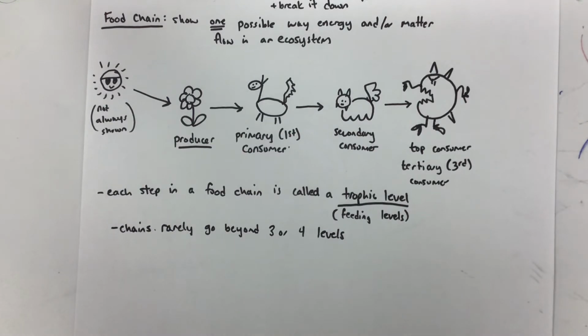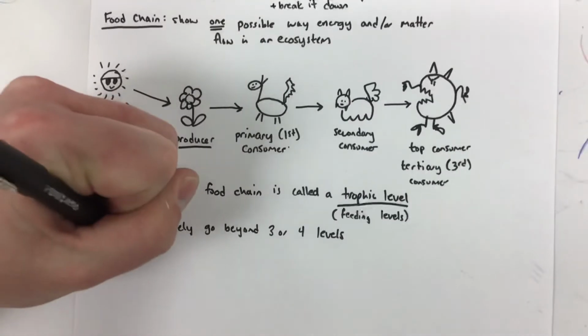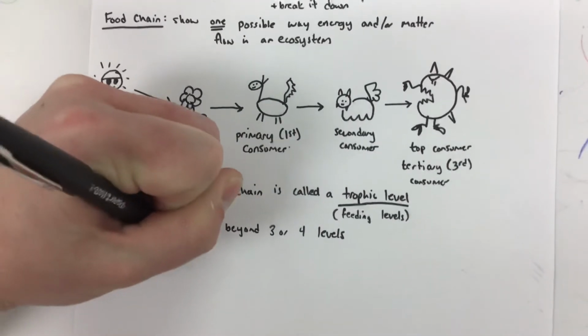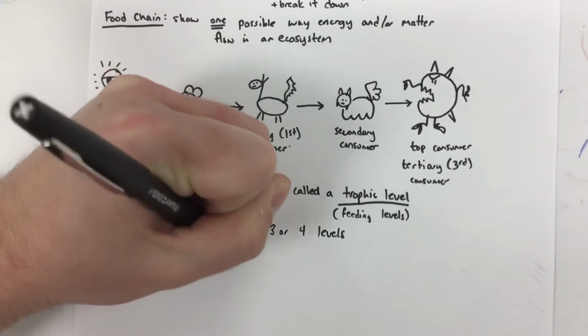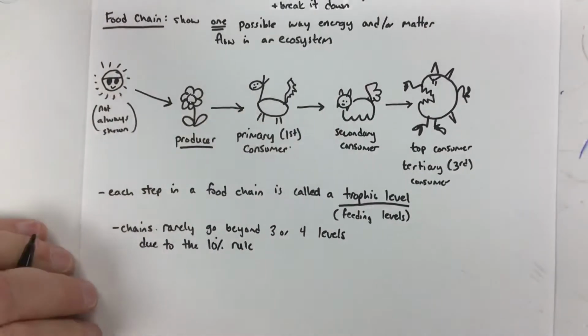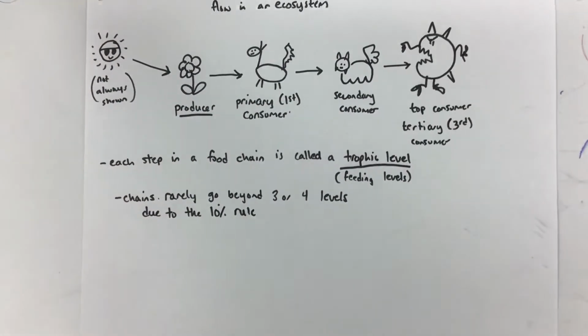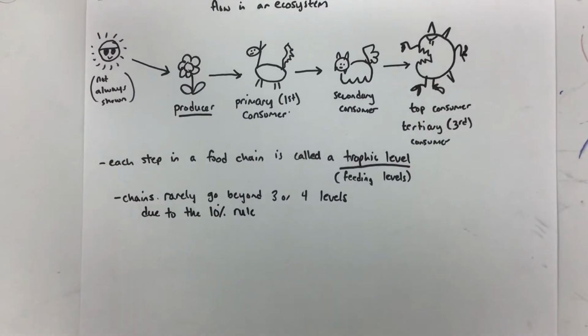I don't know of any that are 6 levels, but it's due to the 10% rule. All right, it's a rule of thumb. It is not a hard and fast rule. It's not always exactly 10%.